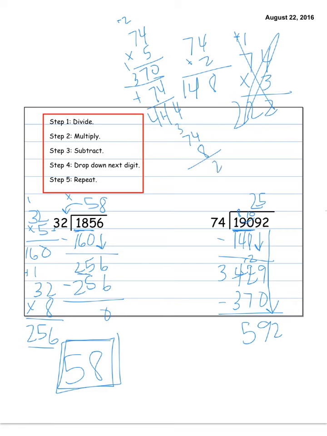Write down our 2, regroup our 3. 8 times 7 is 56. 56 plus 3 equals 59. All right, so there we go. So we're going to write an 8 up above. 8 times 74, we just found out, is 592. Do that subtraction. Gets us 0. So our final answer then, 258.